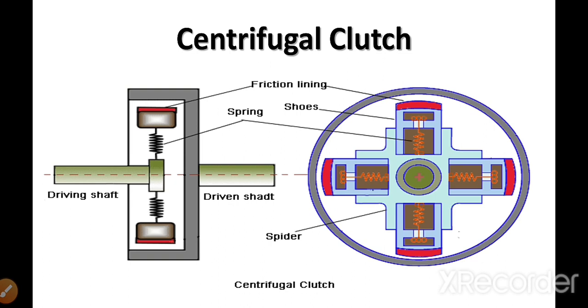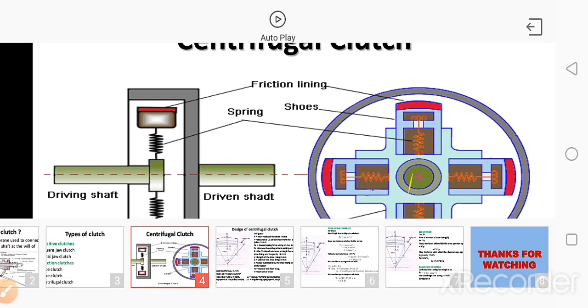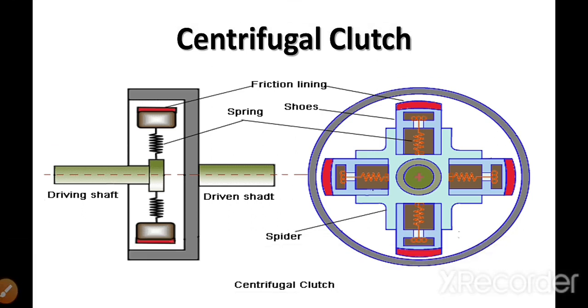On the driving shaft there is a spider, or you may say a guide, which you can see in the inside view. On this guide there are four different shoes mounted, and these shoes can move radially inward or outward.